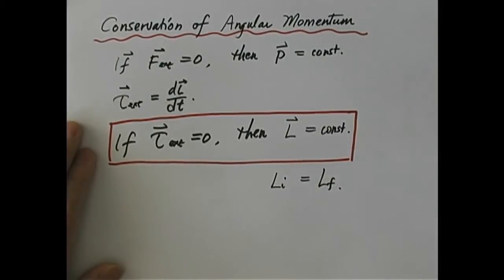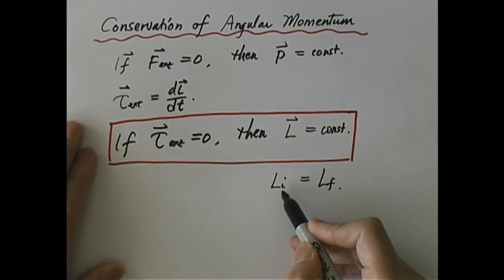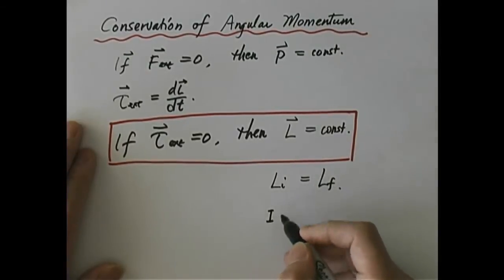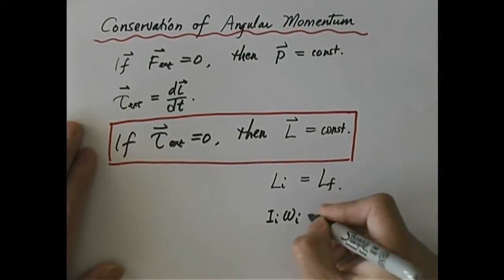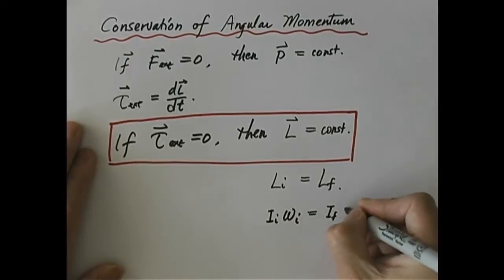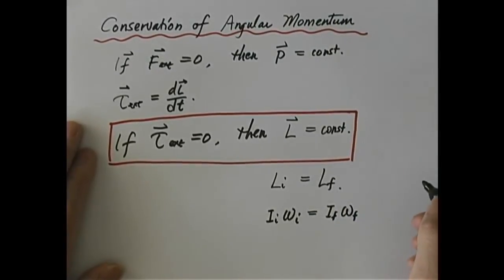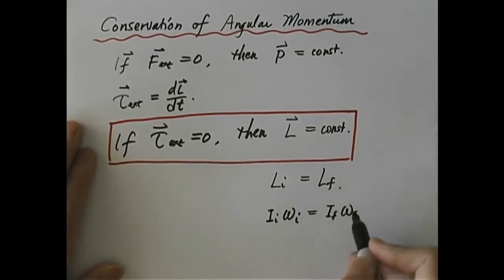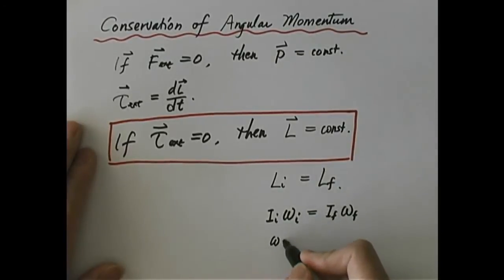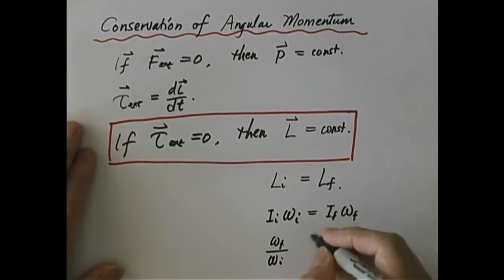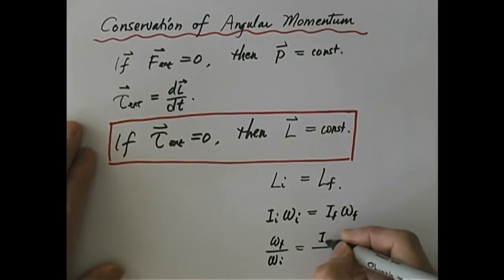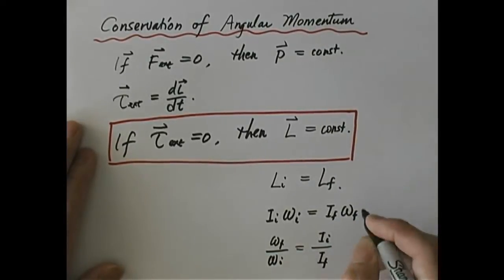And if you look at an object with uniform omega throughout its body, then you know how to write this L, right? It is just I omega, so it's I initial omega initial equals I final omega final.